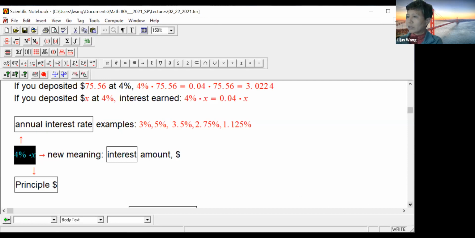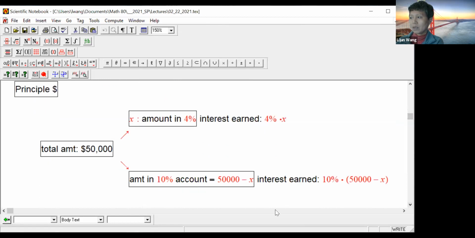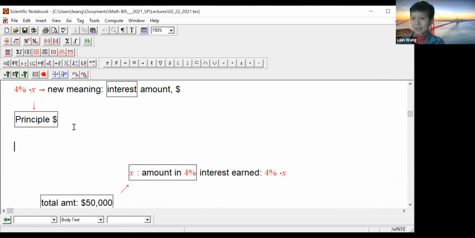Okay, so now let's look at the following. What can you make of this? 10% multiply 50,000 minus X. Okay, I want to give you an exercise. Please practice on this one.